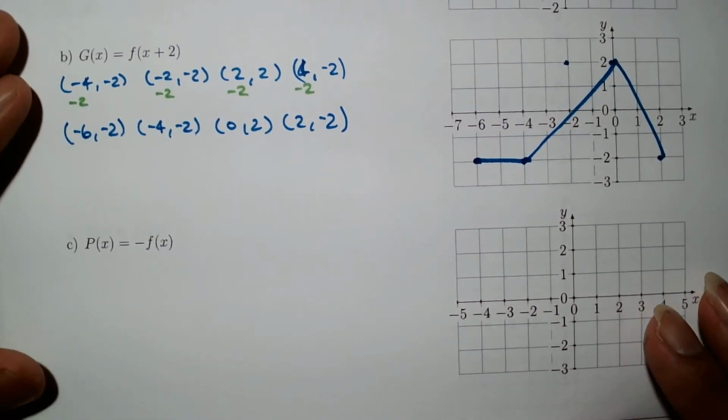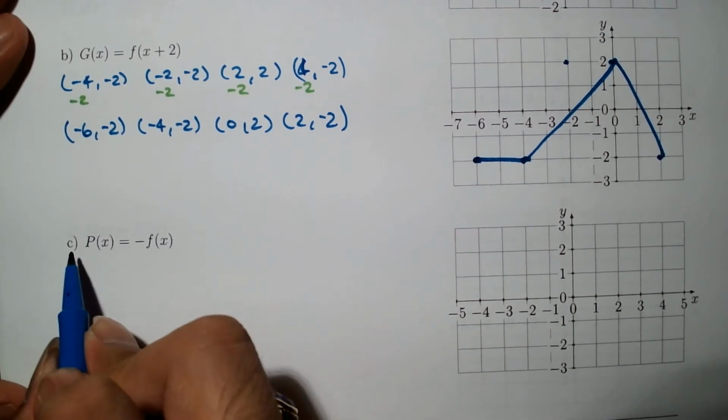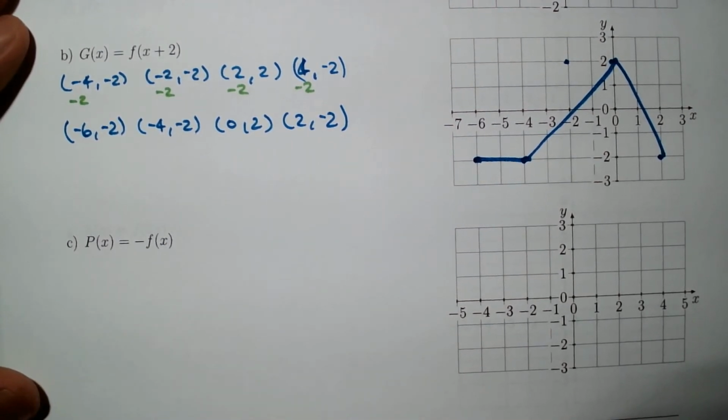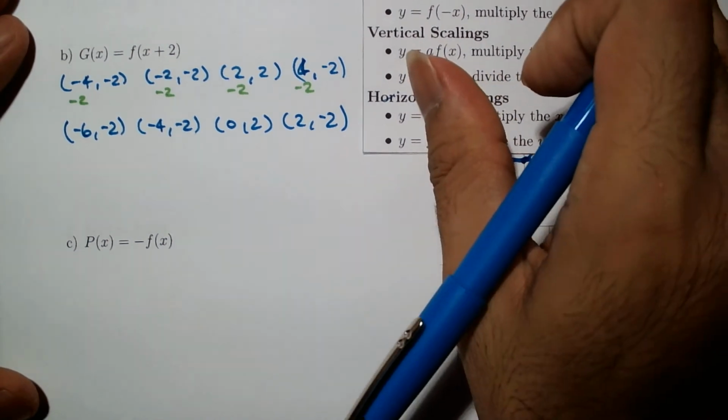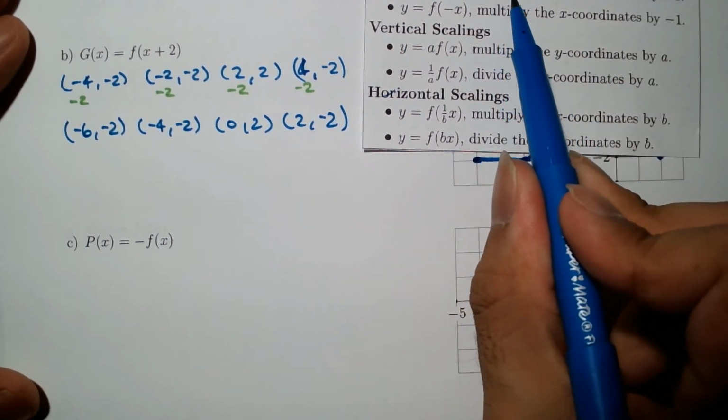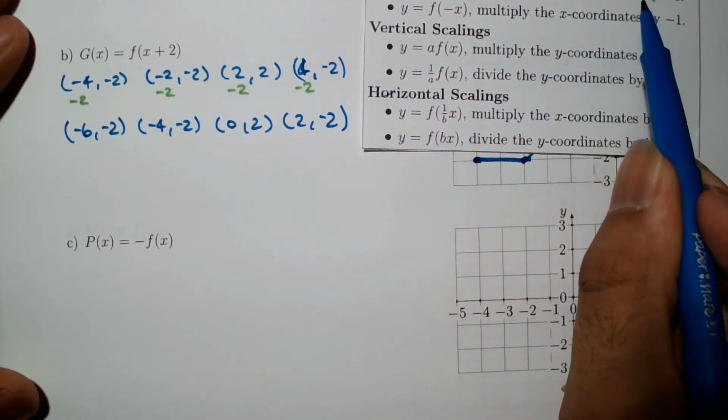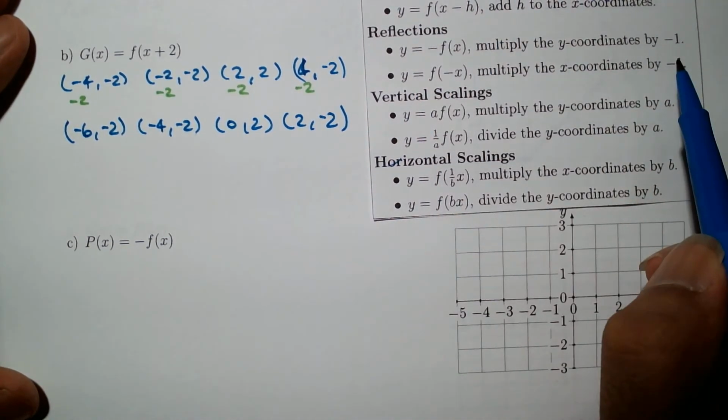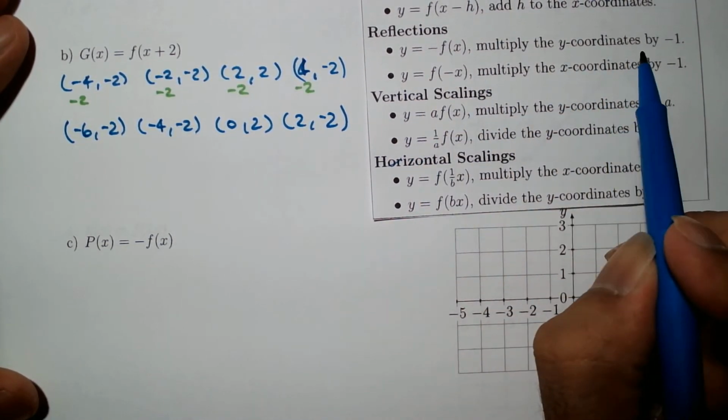So we are going to have p of x equals negative f of x. So let's refer to the reflections. To do that, we are going to multiply the y coordinate by negative 1. That's this one right here.